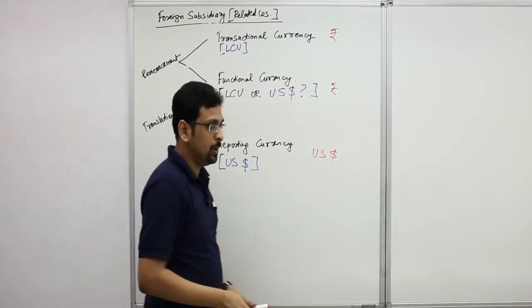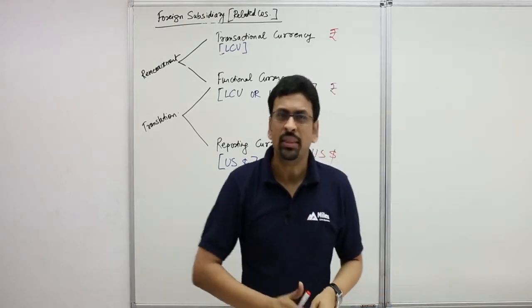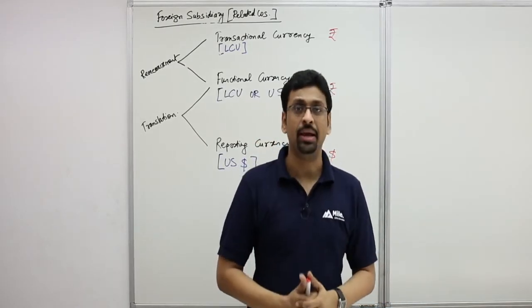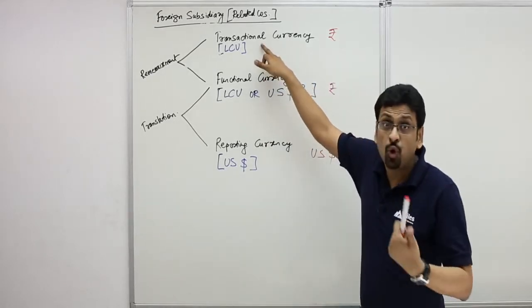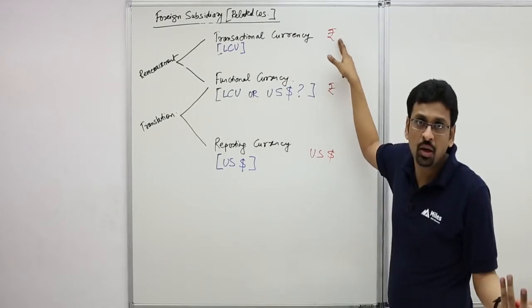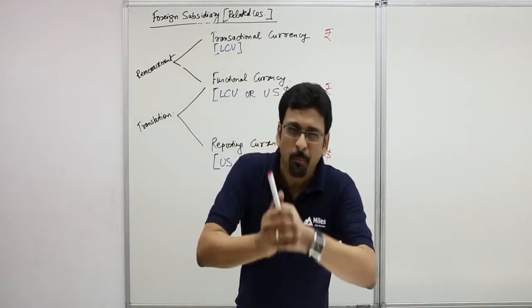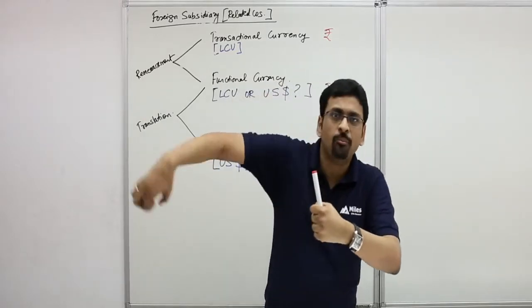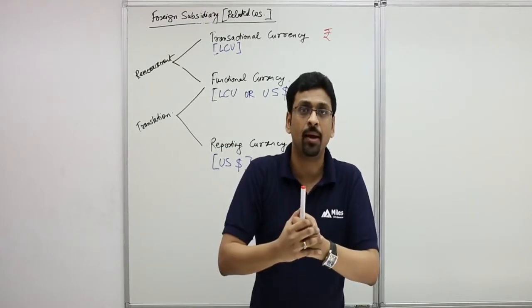Give you another example here. Let's say we're talking about Ford Motors. They got a manufacturing plant in India. So the transactional currency for Ford's Indian subsidiary, that's Indian rupee, naturally. Now the manufacturing plant in India sources most of its raw materials from within the country, sells most of its cars within India.